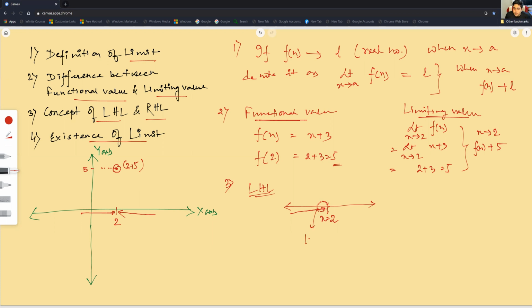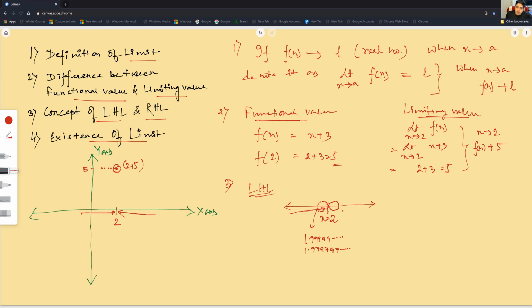Let's say 1.999999..., 1.979797... So all the cloud points you will get if you approach from the left side towards that point 2.